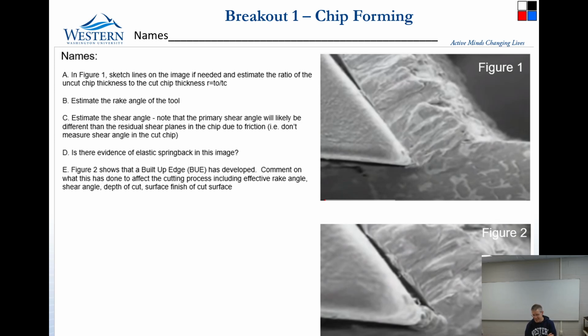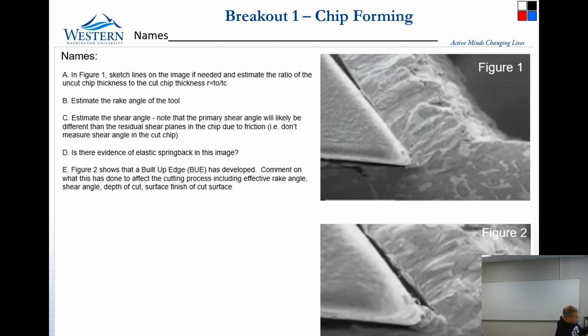Positive. Did it positive it? That's what we interpreted. It's really hard to tell because we already have a rounded tip because we're so zoomed in here. It's a little hard to tell what it does.